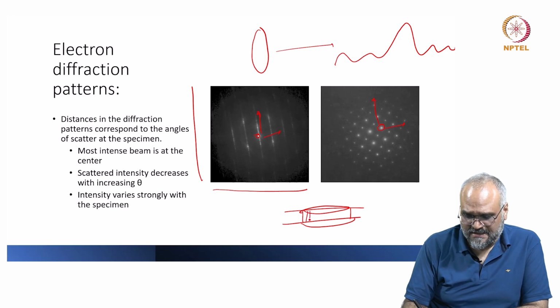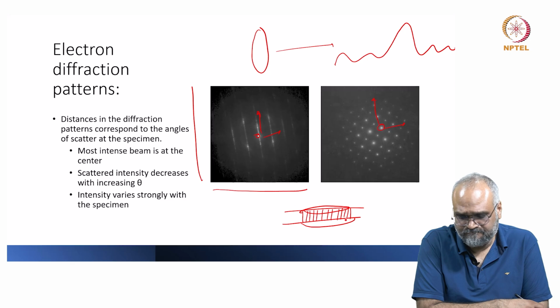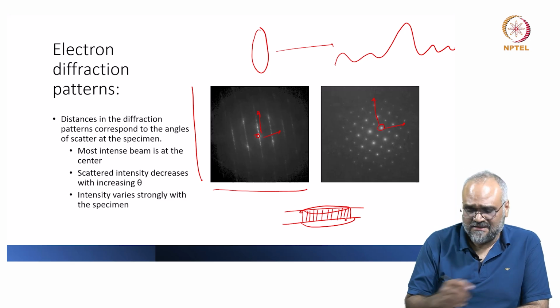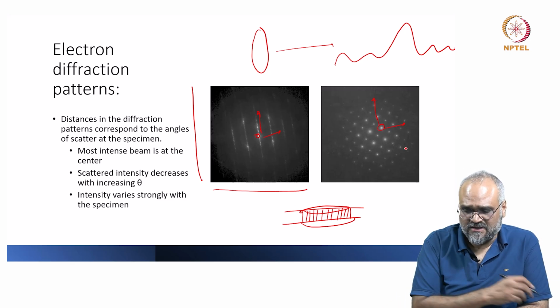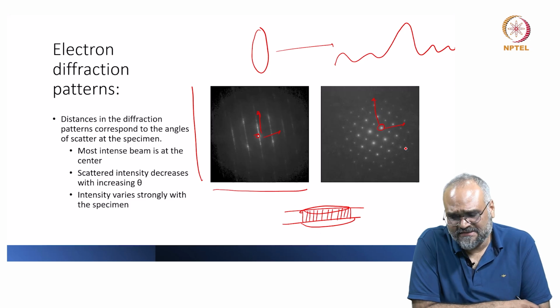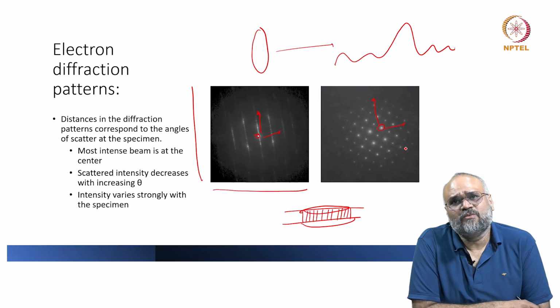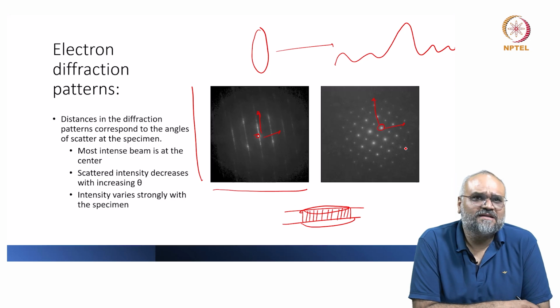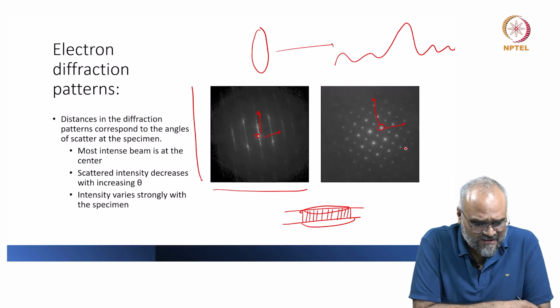The atoms that are internally arranged within this interacting portion, once they satisfy Bragg's law, start forming these diffraction patterns. We'll understand how these diffraction patterns are similar to what we see in X-ray diffraction and how they are different as well.